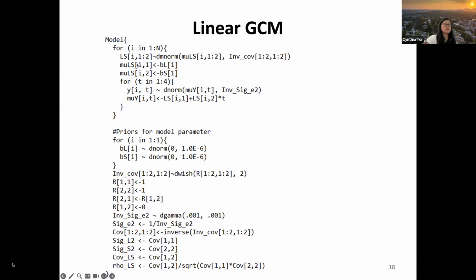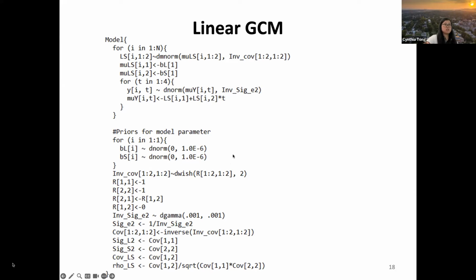So in this model, we have parameter mu ls. Well, we can actually call it like BL, BS. And also the covariance matrix of the latent intercept and slope, and also this precision parameter. This is actually also the inverse of the covariance matrix. Because we have these many parameters, then in Bayesian, we have to specify priors for them.